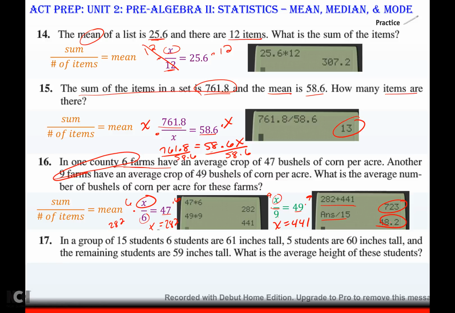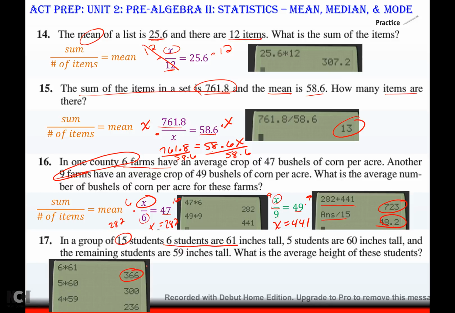17. In a group of 15 students, 6 students are 61 inches tall, 5 students are 60 inches tall, and the remaining students are 59 inches tall. What is the average height of these students? Well, again, you've got to add up all of the heights and then divide by the total number of students. You have 6 students that are 61 inches tall, so that's 366.